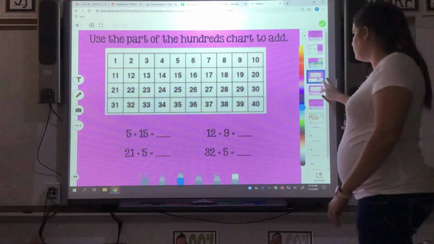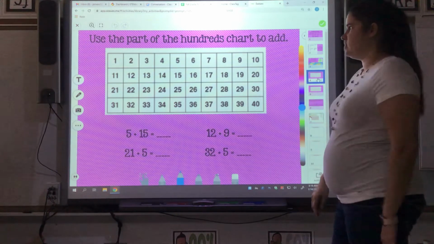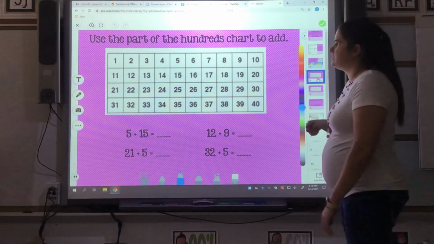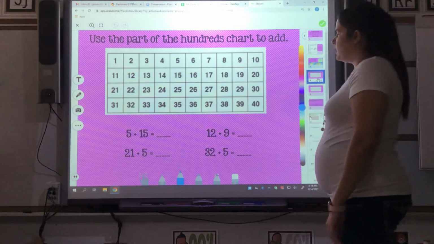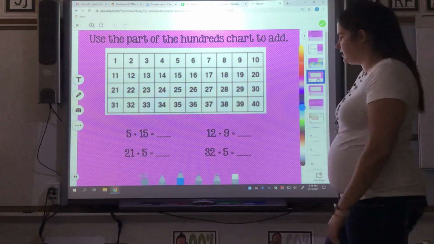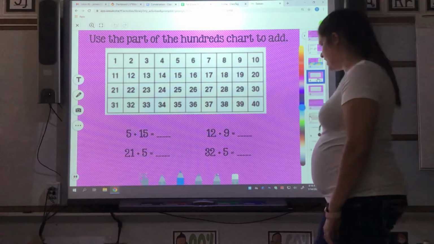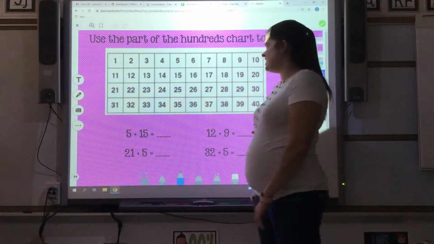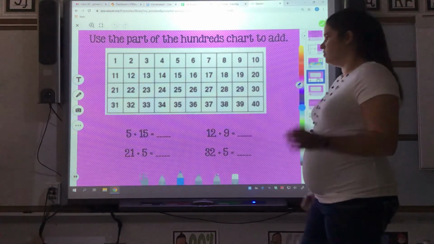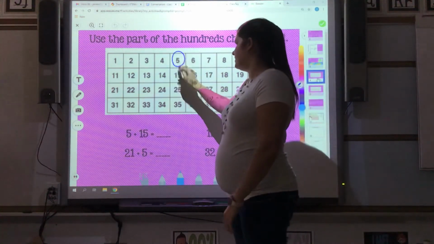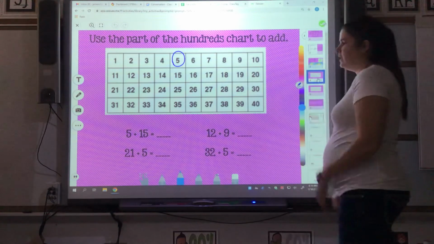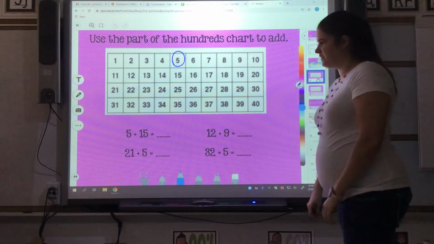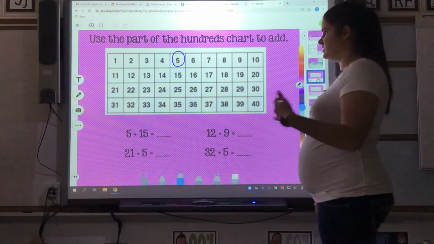So you've got 2 different examples of hundreds charts that you can use today, so we're going to do the first one together. Use the part of the hundreds chart to add. Our first one is 5 plus 15. So I'm going to put a circle around the number 5 because that's the number that I have first. And then I'm going to break up the number 15 into tens and some ones.